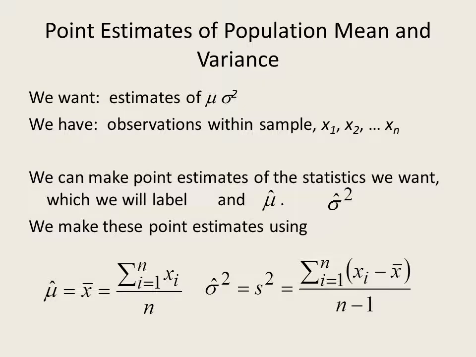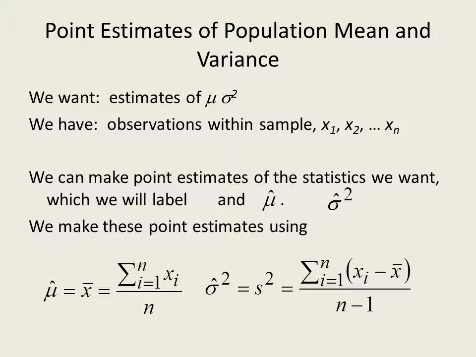When we're looking for point estimates of a population mean or variance, we want to get those values mu and sigma squared. And if we have a number of observations, x1, x2, all the way to xn, we can make point estimates of the statistics that we want and use the parameters that came from our sample to estimate those same parameters of the population.